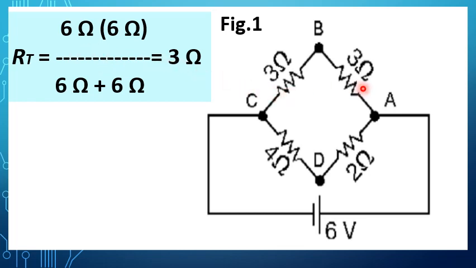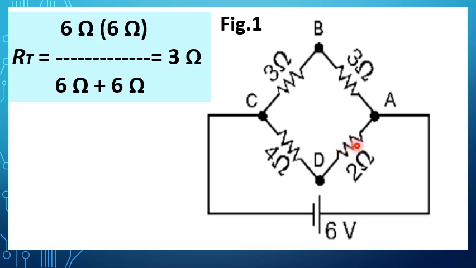So again, you will notice that the two 3 ohm resistances are in series. So their total must be 6 ohms. And that goes through also for the 2 ohm and the 4 ohm resistances. Their sum is also 6.